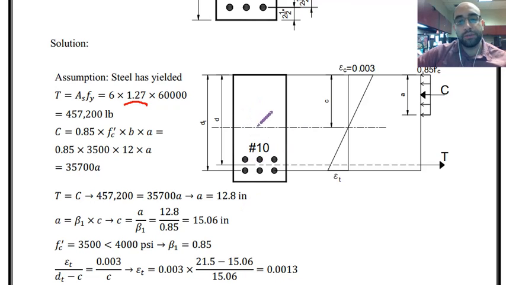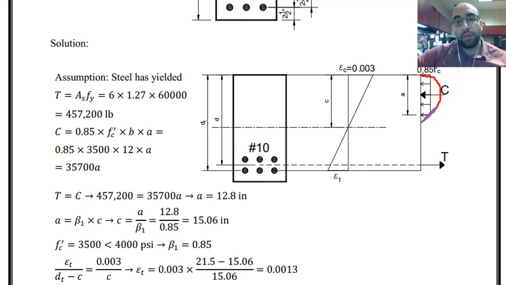We are looking at the ultimate stage. That's why a stress distribution looks like this. Actual compressive stress distribution, we said, has a nonlinear distribution, something like this. But since calculation for this parabolic, semi-parabolic shape is difficult, we simplified it with this rectangular shape.